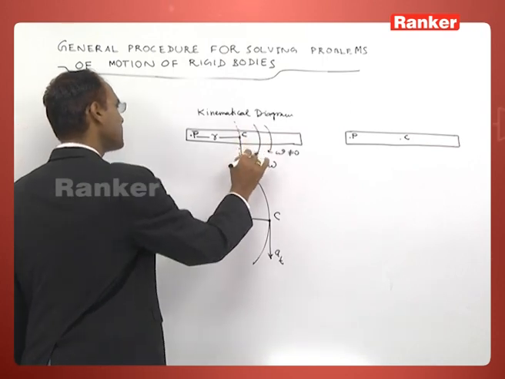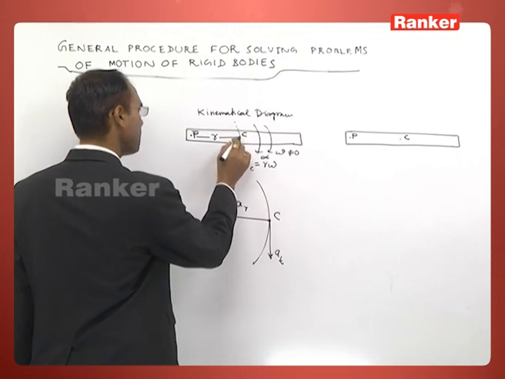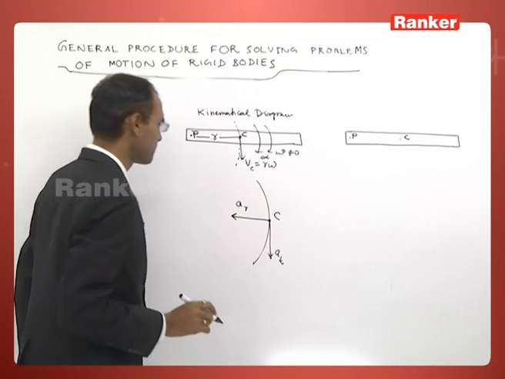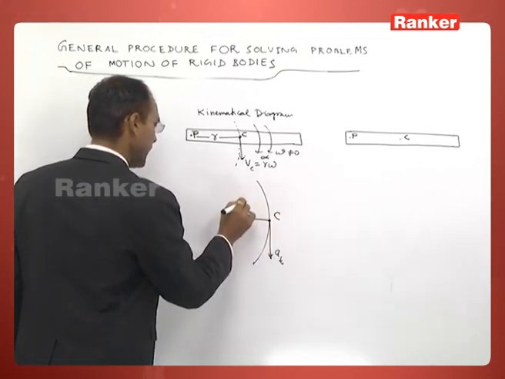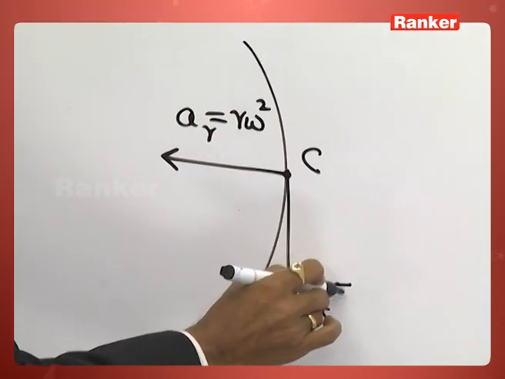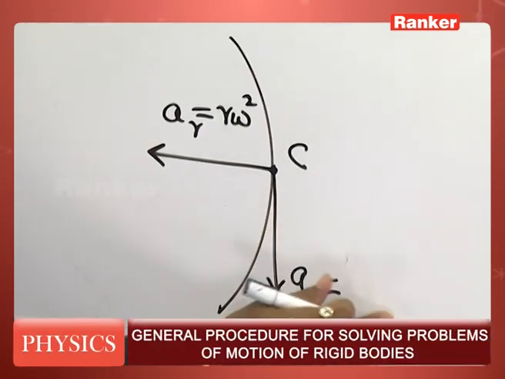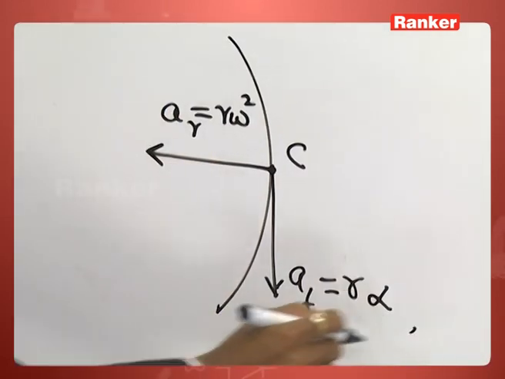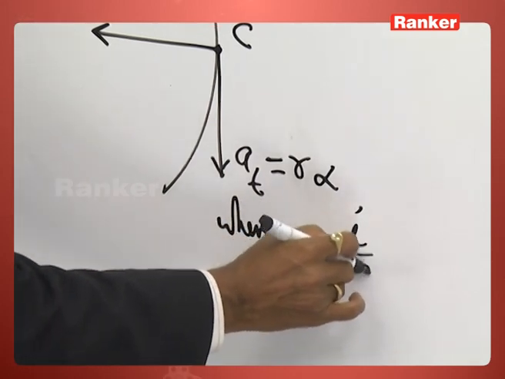Since the angular acceleration of the rod is alpha, the acceleration of the center of mass with respect to the pivot will be radial acceleration, that is r omega square, and tangential acceleration, that is L by 2 into alpha, or r into alpha, where r is equal to L by 2.